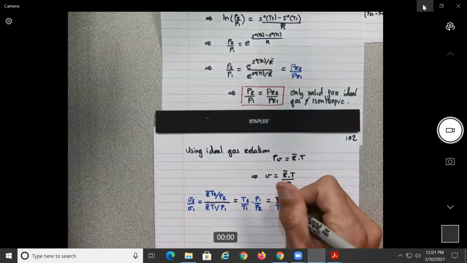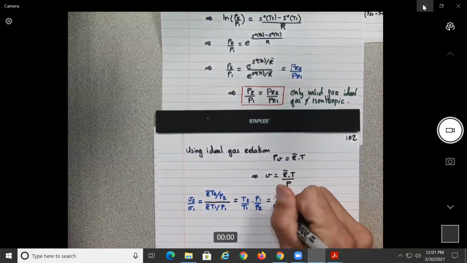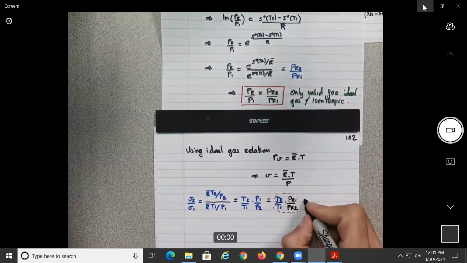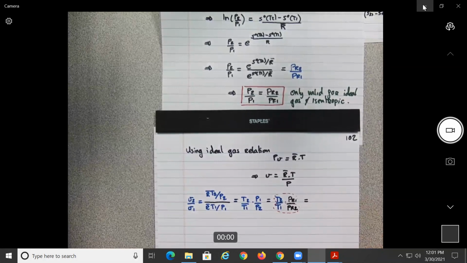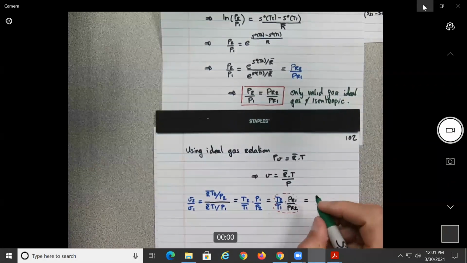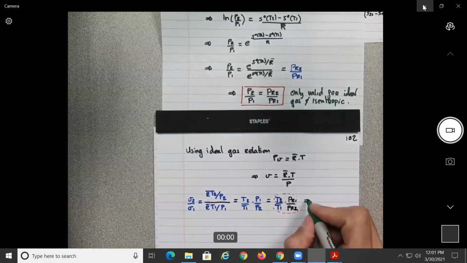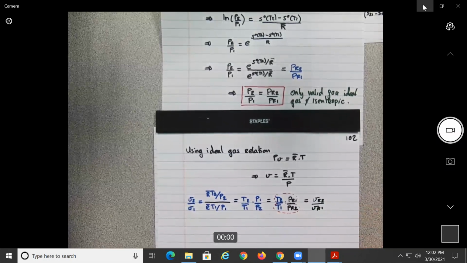And all this ratio should be V sub R sub 2 divided by V sub R sub 1.